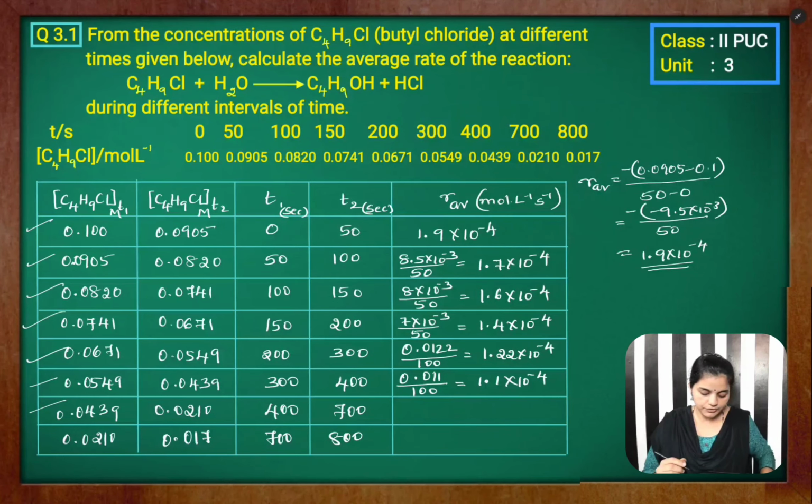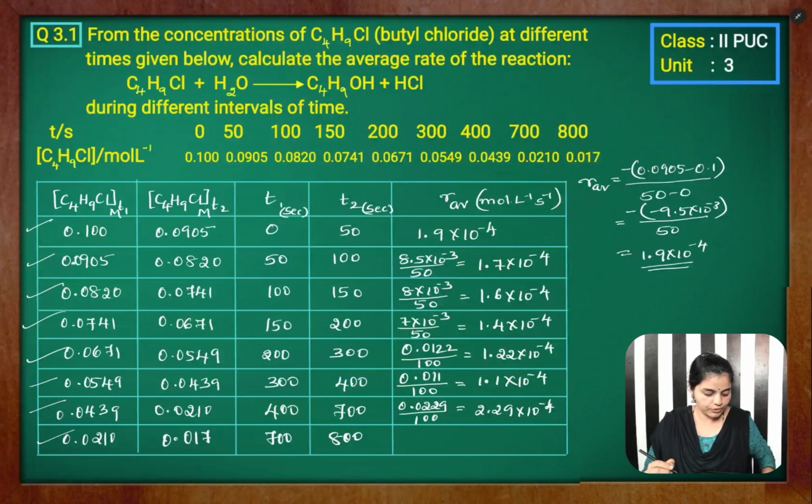Next, it's minus of 0.0210 minus 0.0439, that's equal to 0.0229 divided by 100, that's equal to 2.29 into 10 to the power minus 4.